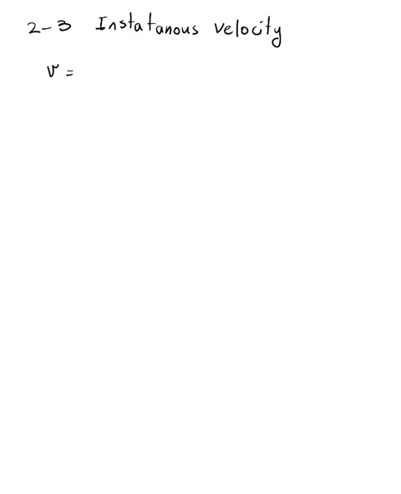Mathematically, I can write the limit of delta x divided by delta t when delta t is very, very small, meaning it goes to zero, approaches zero. This is how we say it.